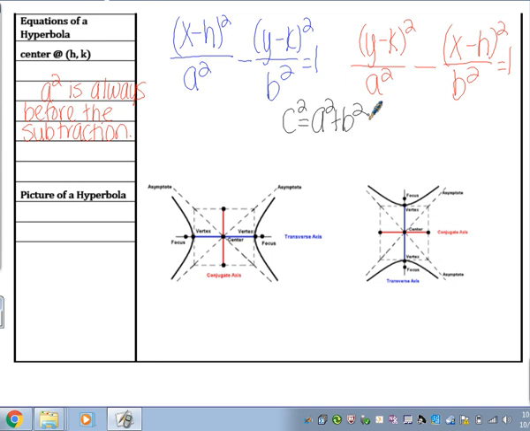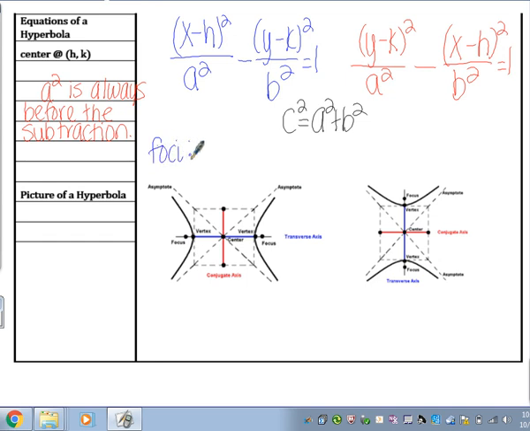So first, once you find C, if your x value is first, you're going to be tacking on the C to your x coordinate of the center, just like you did with the ellipses. So, foci here, let me write it in blue so it's color coordinated with the blue.